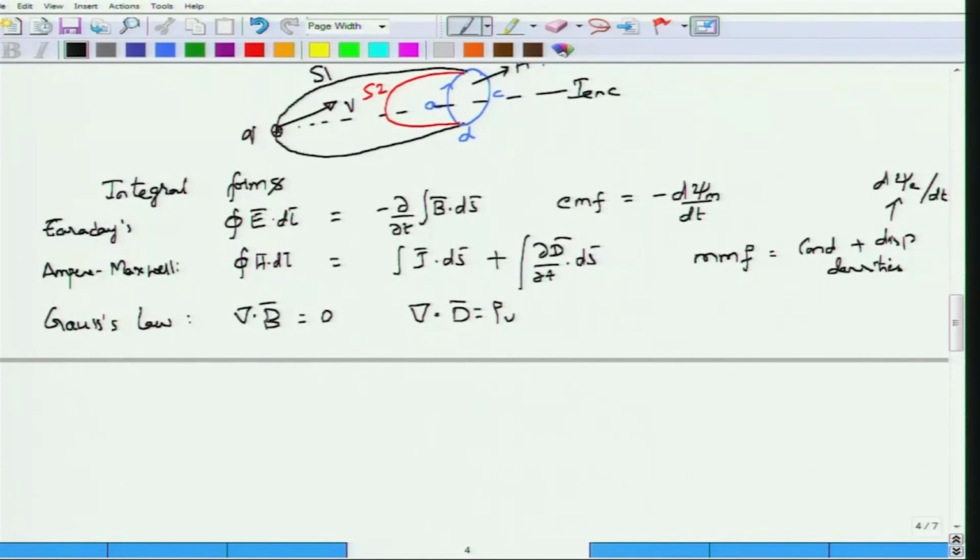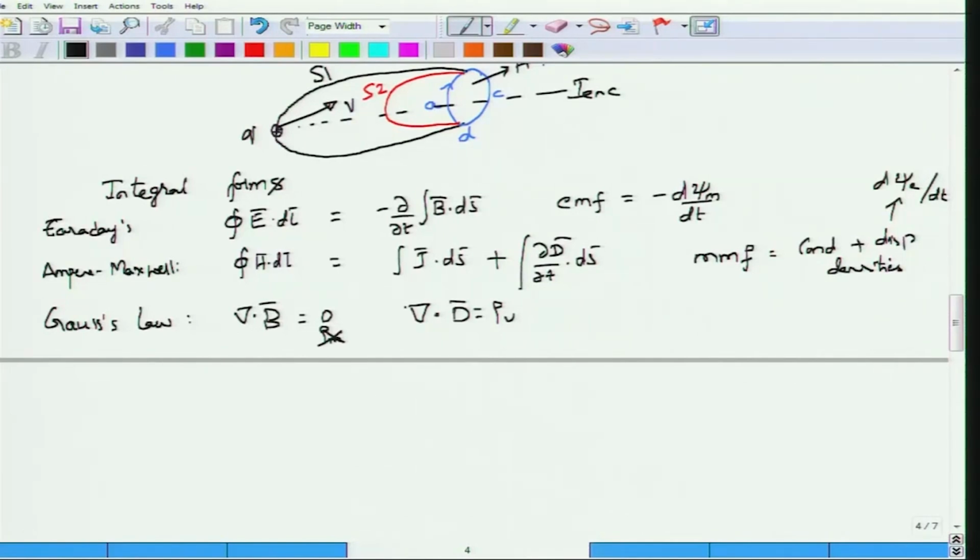There are no magnetic charges found anywhere in the universe. So if there were some magnetic charges found, you would have to replace them with magnetic charge density, but this is highly unlikely to be found, and even if it is found, it has really no bearing on the electromagnetic phenomena that we have already studied, okay, because these are not found everywhere. They are supposed to be extremely rare, if at all they are found.